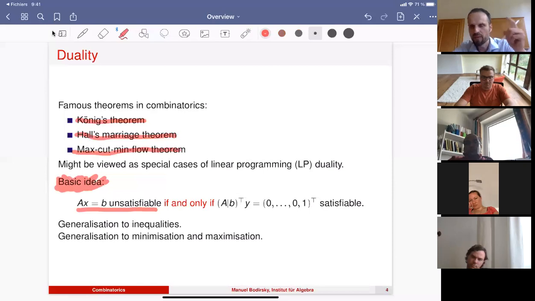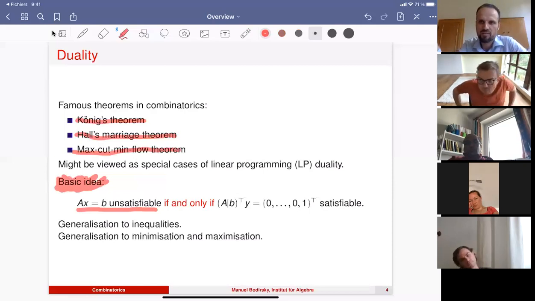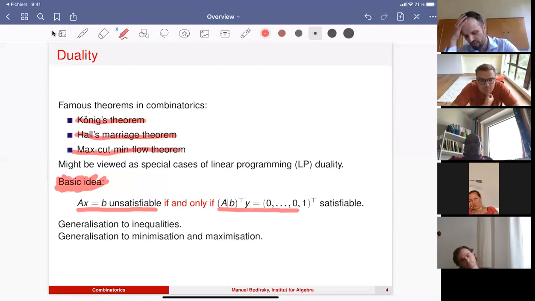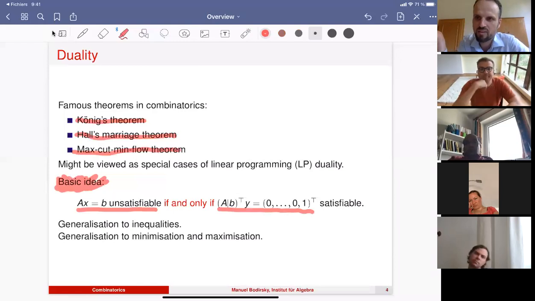This process of finding a proof of unsatisfiability, you can formulate itself as a certain linear equation system. So you get unsatisfiability if and only if some other system, which is the dual, has a solution. Because a solution to this other system is a proof of unsatisfiability. It is an instruction of how to combine the rows of your equation system into an unsatisfiable equation.